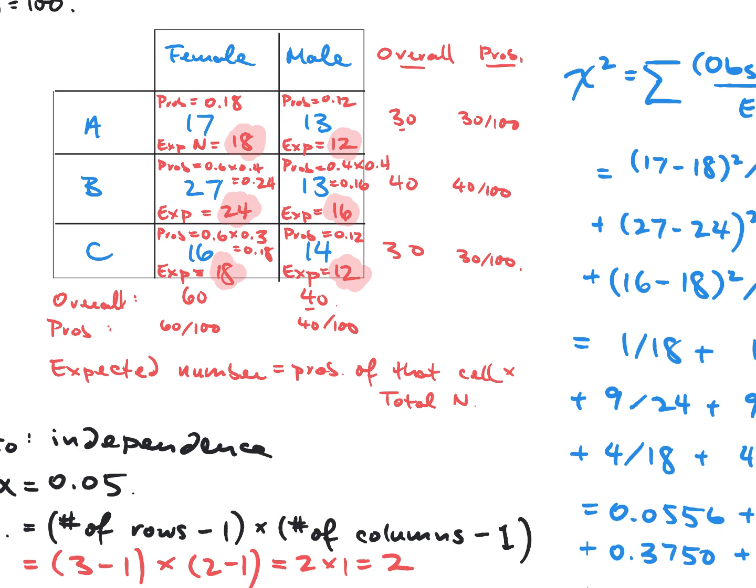Is that a real difference, or is this just sort of luck of the draw? Our answer is this is consistent with just luck of the draw. It does not look like a deviation from independence. We can't reject independence in getting these results.